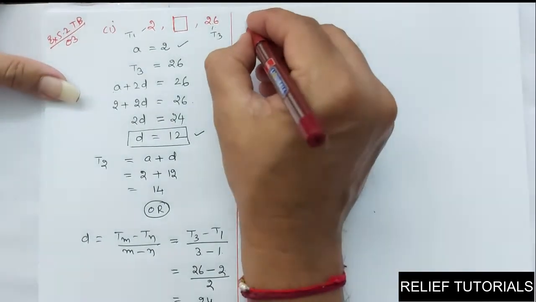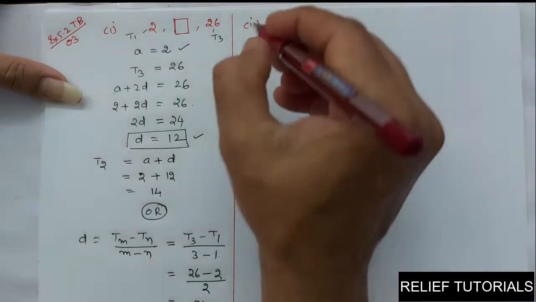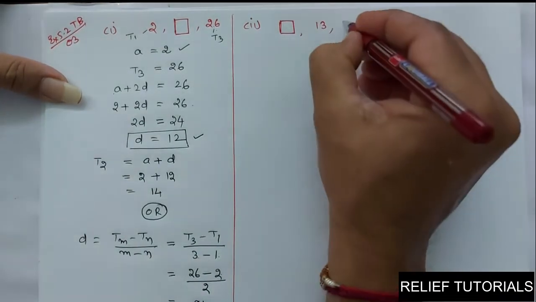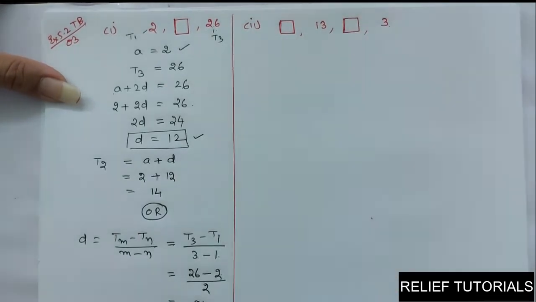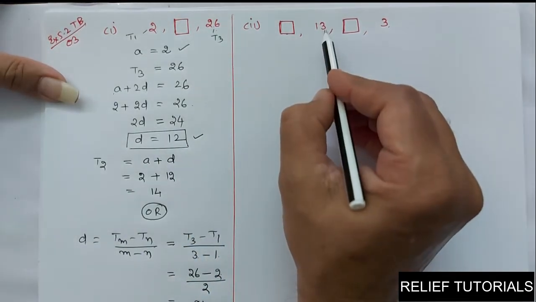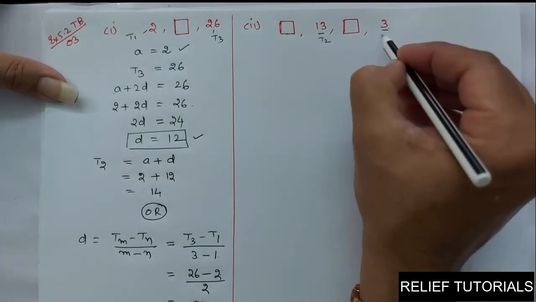Now, question number 2. See here, box, 13, box, 3. So you don't have T1, A. You have T2, this is the second term, and this is the fourth term, T4.